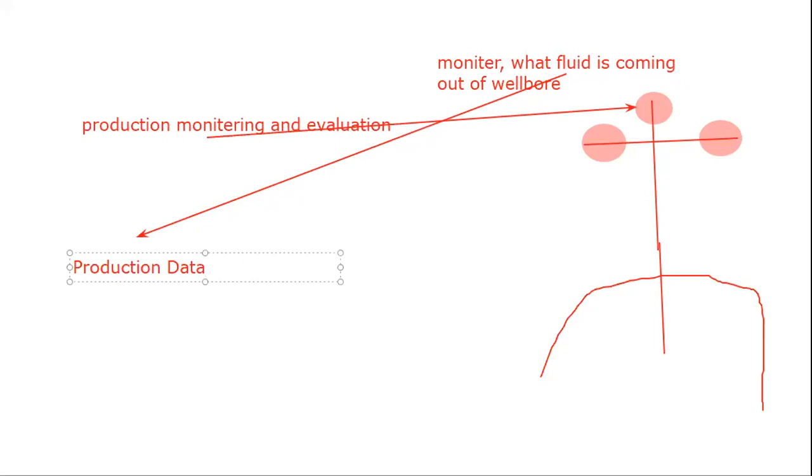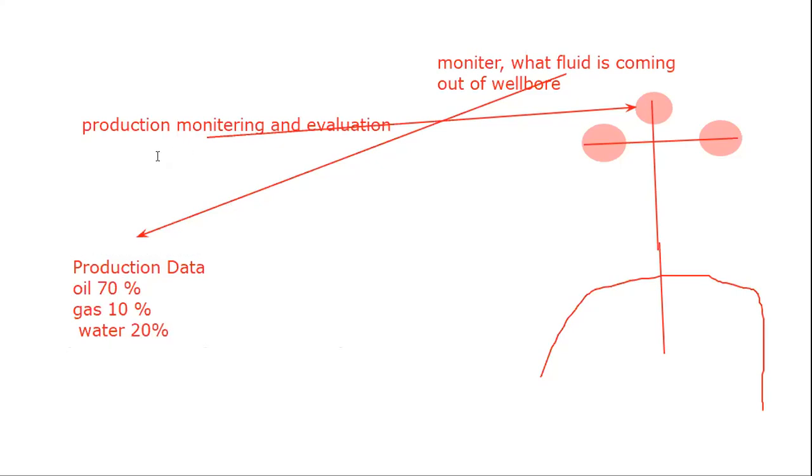When we say production data, we mean what fluids are coming out. As you know, we have oil, gas, and water. So how much oil, how much gas? Let's say 70% oil, 10% gas, and 20% water.